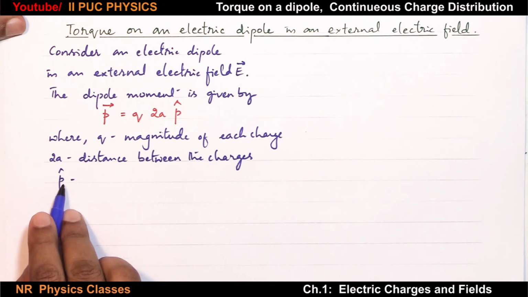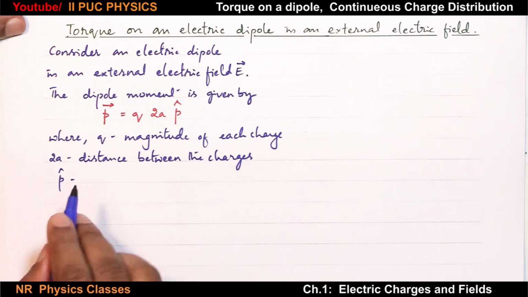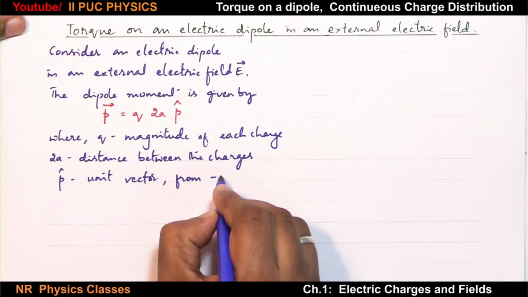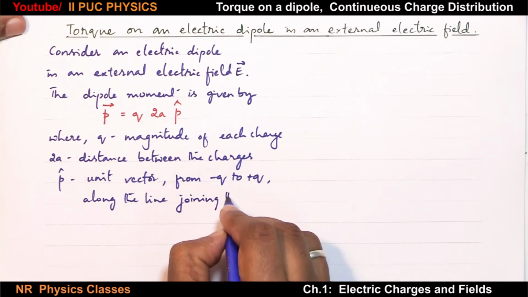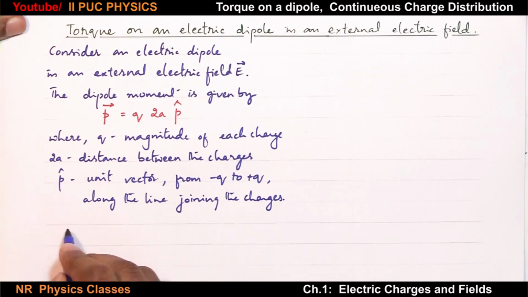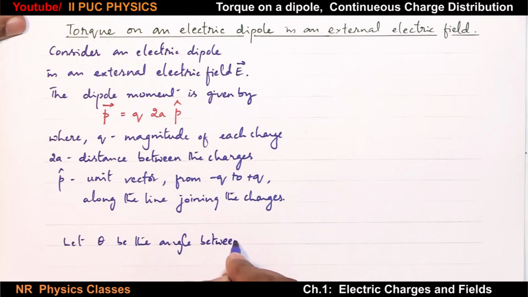P cap is the unit vector from minus Q to plus Q along the line joining the charges. Let theta be the angle between P and E.